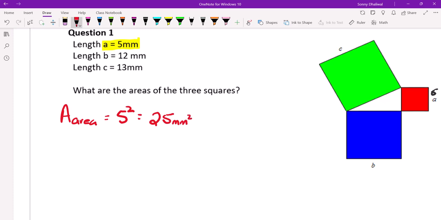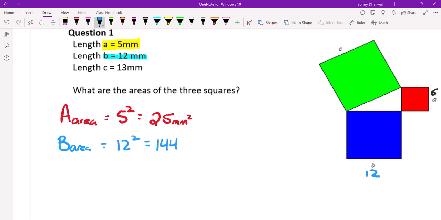Okay? Now let's do B. So it says B is 12 millimeters in length. So the B area is going to be 12 to the exponent 2. And what do you get? William? 144. Nice.